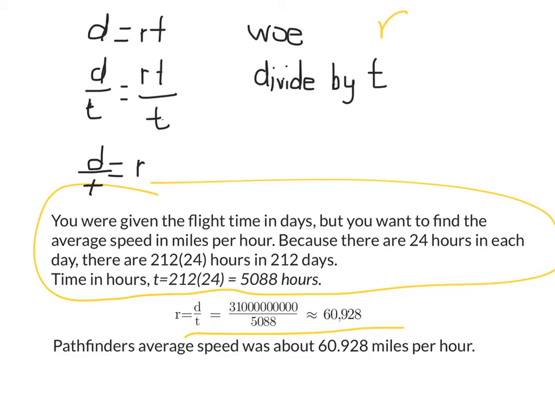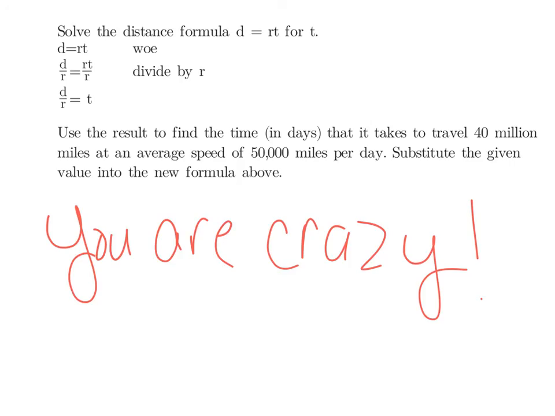So that's where I got that. It approximately equals 60,928. So the Pathfinder's average speed was about 60,928 miles per hour.